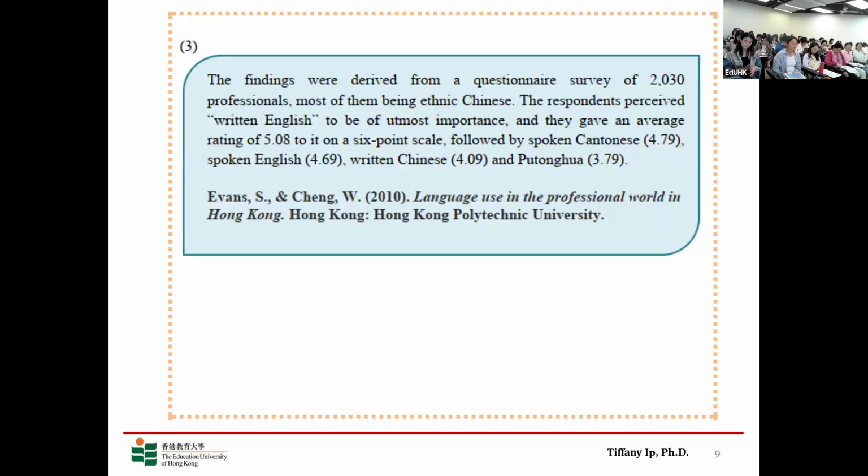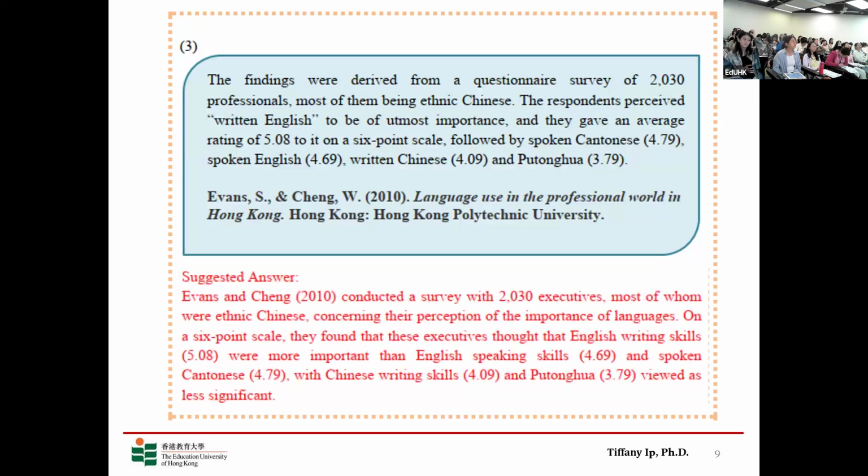And so here is one possible way of paraphrasing. You can take a screenshot or take a photo of this. Instead of saying the findings were derived from a questionnaire survey, we see a passive voice and we think about whether we can change it to active voice. To change it to active, you directly mention the researchers.